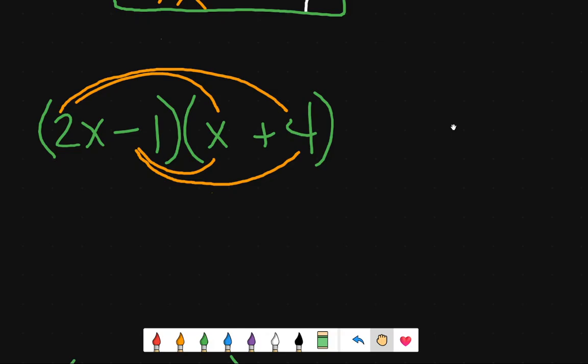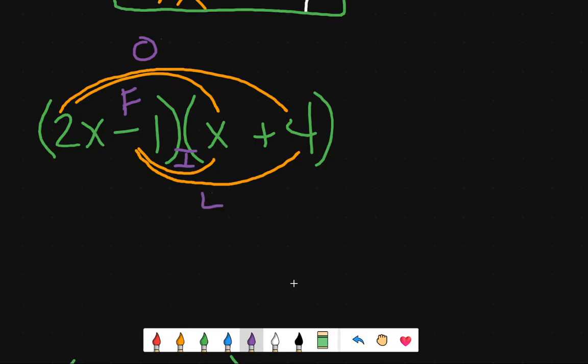So if you look at the 2x and the x, those are represented as the F. And the O would be the 2x and the positive 4. So that's your F and your O. Your I is a negative 1 and the positive x, so inside, that's the inner. And then the last is a negative 1 and the positive 4.